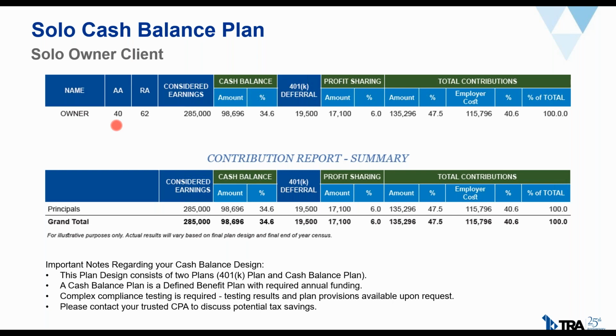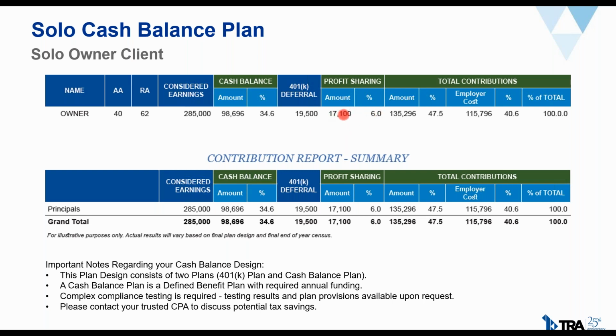And so we were able to show this design where the considered earnings were $285,000. So we could design the cash balance plan to be in and of itself nearly $100,000. We show the 401k deferral. Profit sharing in this case would be limited to 6% of considered earnings.